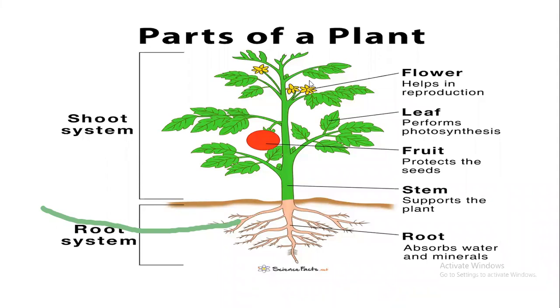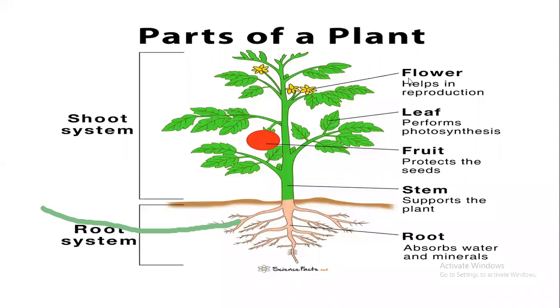What is in the root system? In the root system, there are roots. So in the shoot system there are 4 parts of plants, and in the root system there are roots of the plant. Now we are going to learn the functions of these parts of plants.